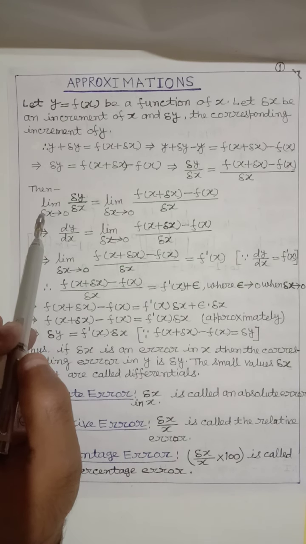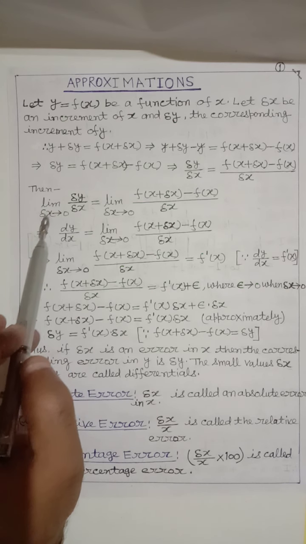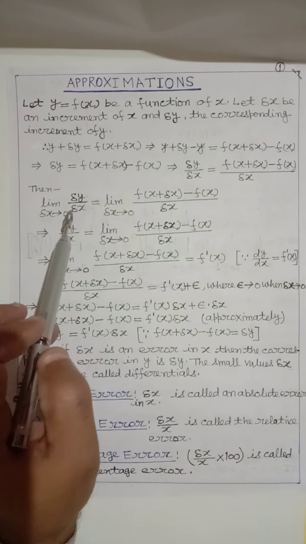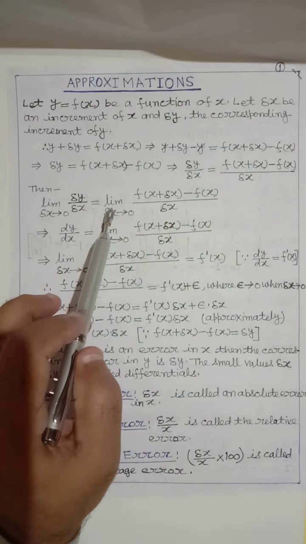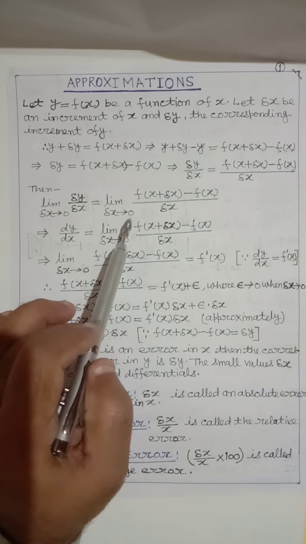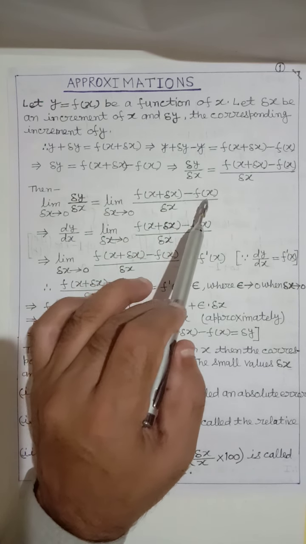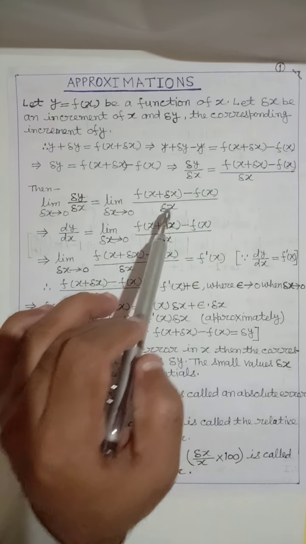limits as limit del x tends to 0, del y by del x is equal to limit del x tends to 0 f of x plus del x minus f(x) by del x.